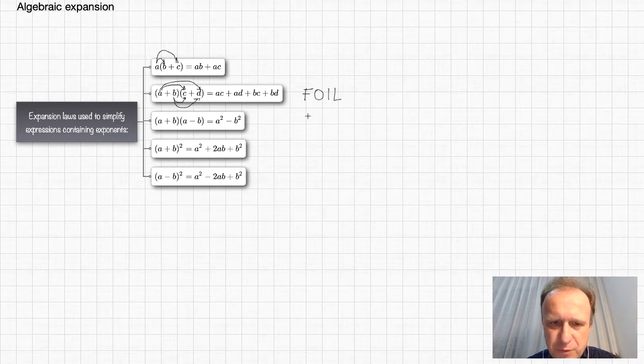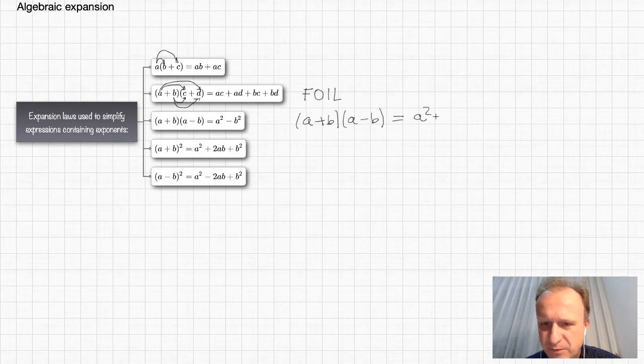So if I do multiply everything out, as many of you still do, it requires more work. So what should I do? I should multiply a by a, so it's a squared. Then a by b, and there is a minus, so it would be minus ab. Then b by a, so it would be plus ab. Here I can change the order of multiplication in a and b. And finally b times b, so it would be minus b squared.